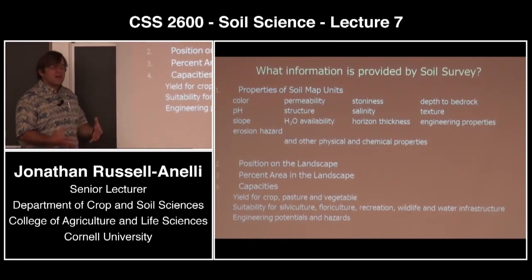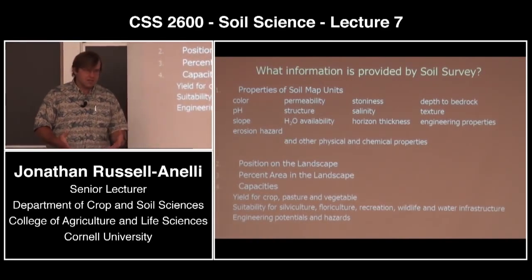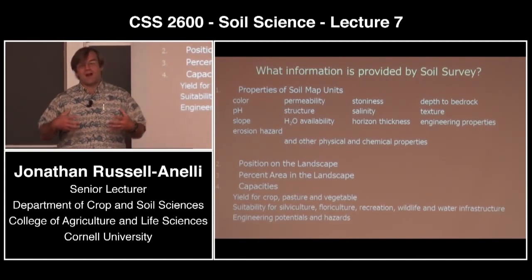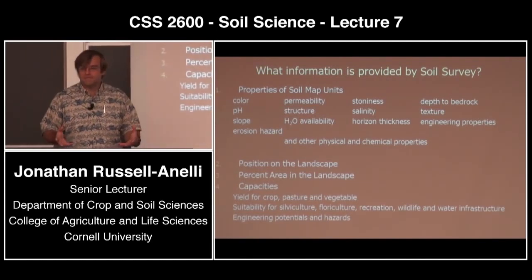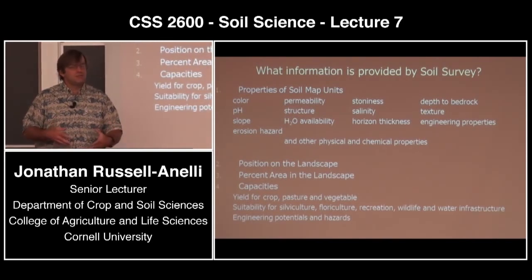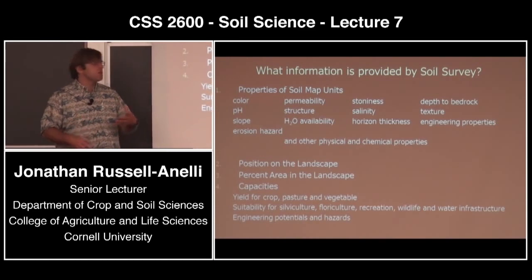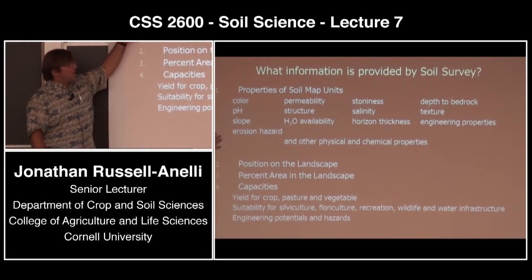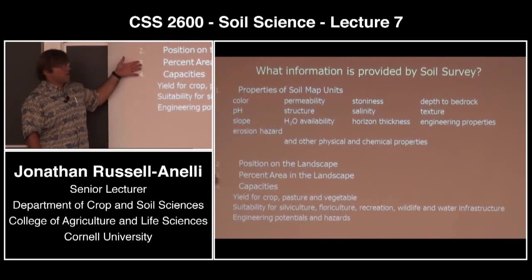We can give you capacities, how much yield you're going to get, how much water infiltration you're going to get, how much gravel you're going to get if you're going to build a gravel mine. Does that make sense? Yeah? Okay, infiltration for septic. All of these things that you might want to use on these soils. Okay? You now know where they are, and you know how much of the landscape you have of it.